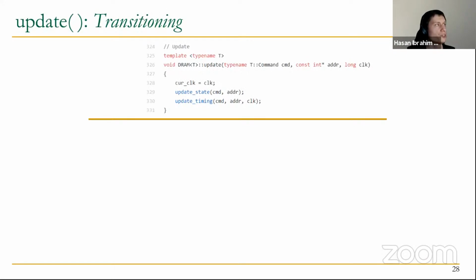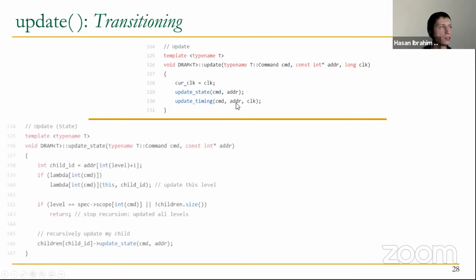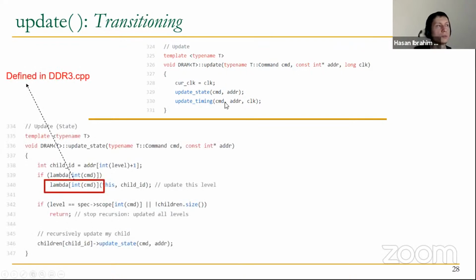And the update function is used for transitioning between different states, for example, between a closed bank and a bank that has an open row. It does two things: it updates the state and it updates the timing. So it essentially updates the two variables that we mentioned, the status and the next variables.